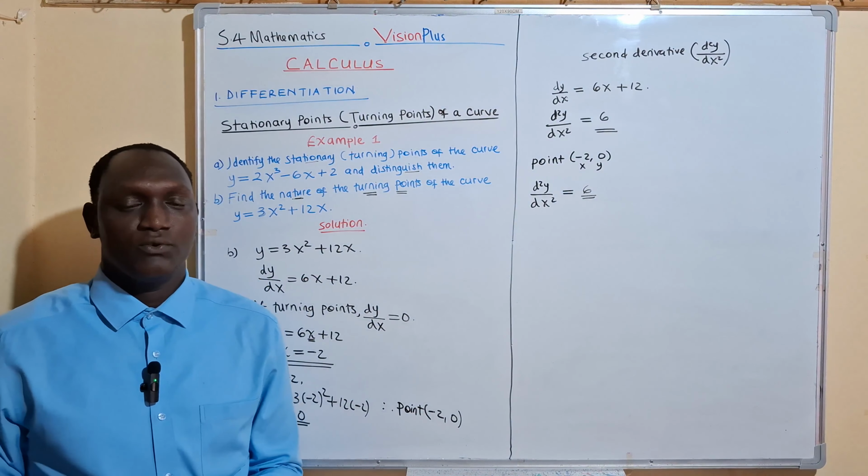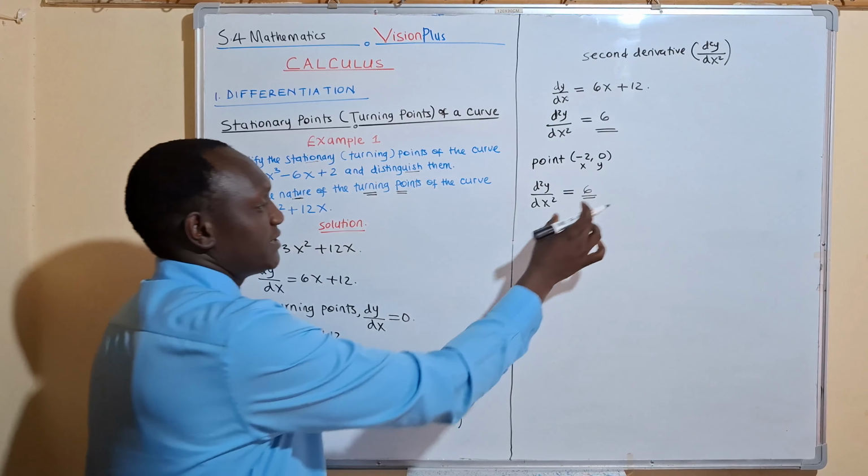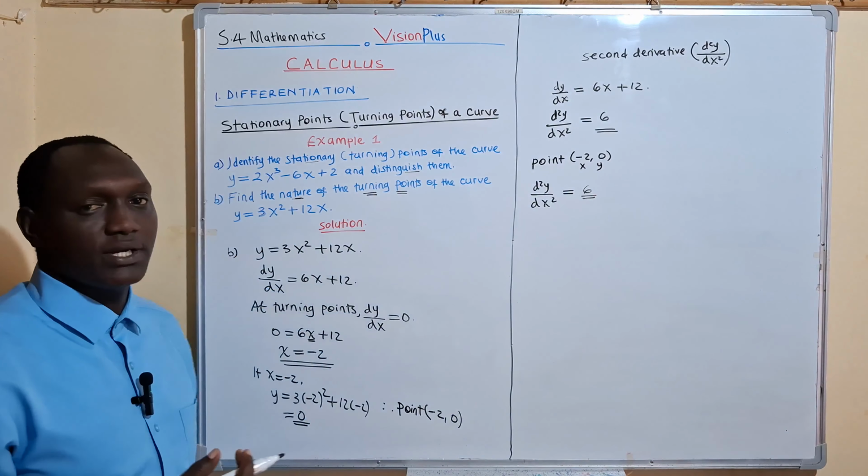Positive 6. What did we say? Positive 6 is more than 0. Okay?